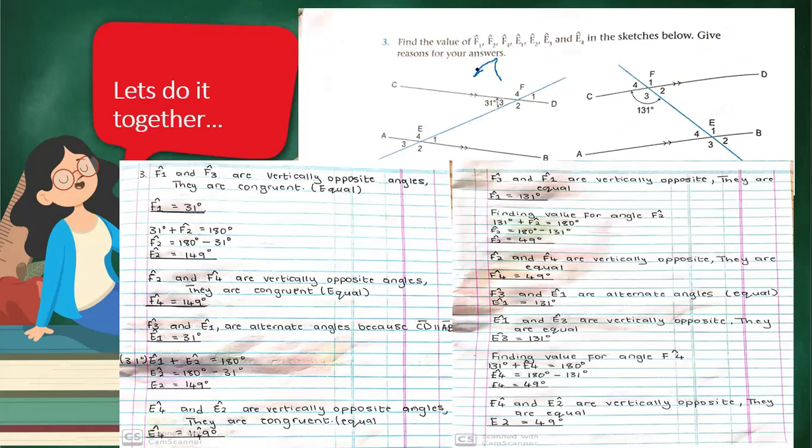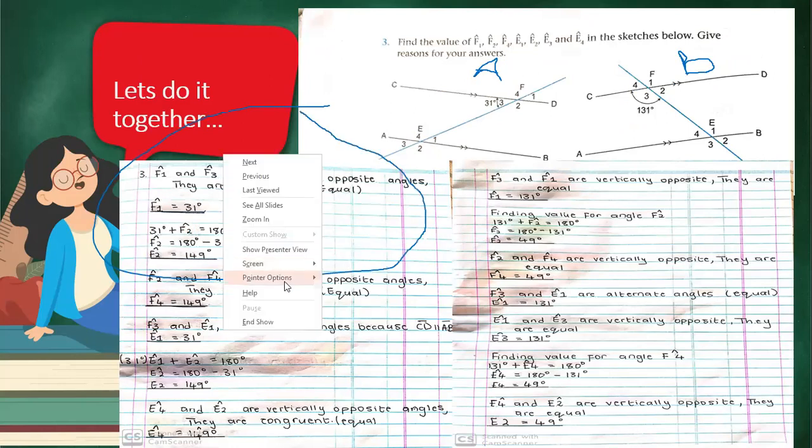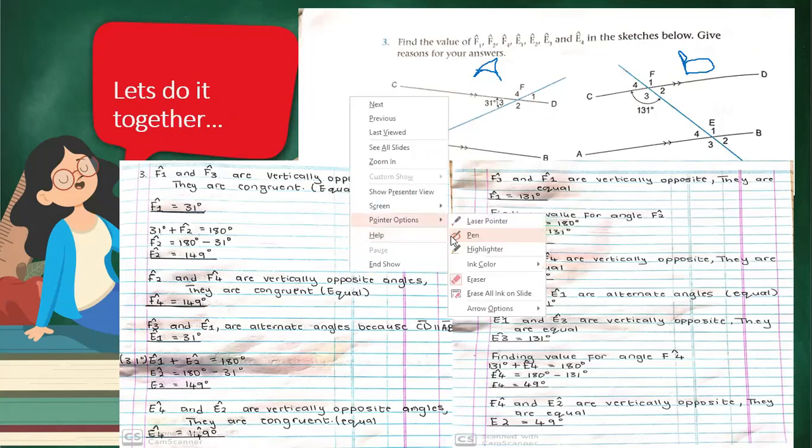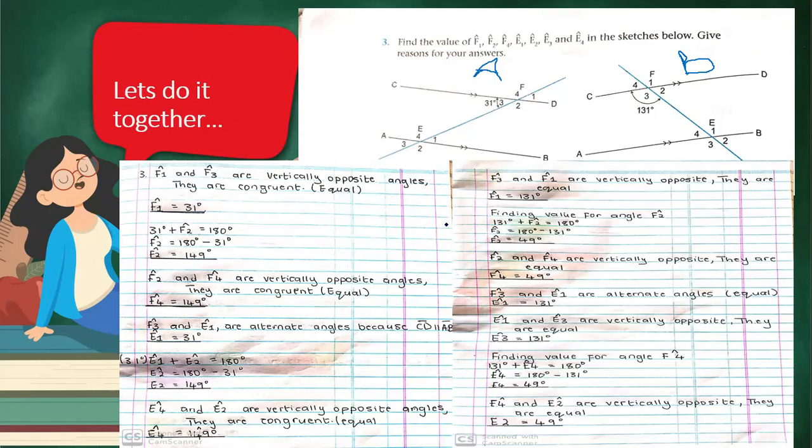We can name this one A and we can name this one B. But we'll only do sketch A. Okay, so they say find the value for F1, F2, F4, E1, E2, E3, and E4 in the sketches below, give your reasons for your answer.